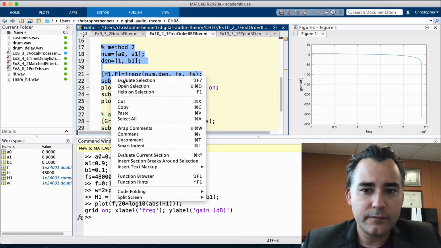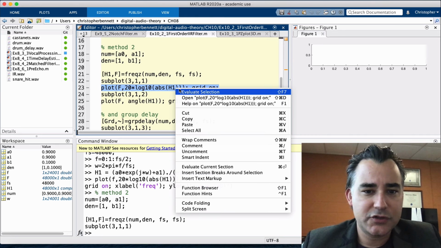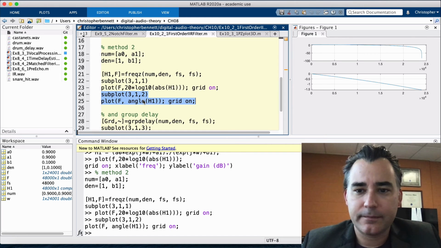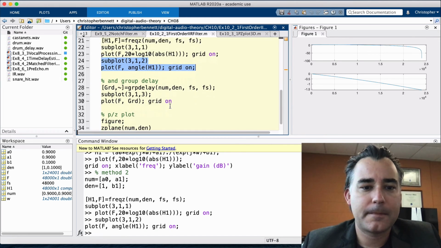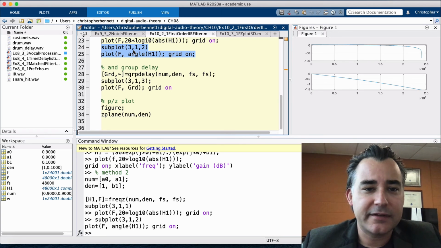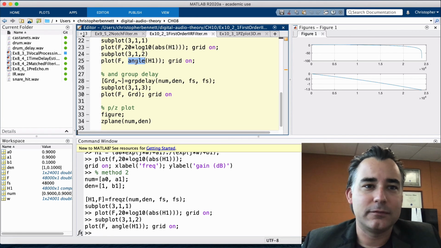Okay, so we're going to create a new subplot and show H1, so this is the one that's generated by MATLAB. And let's go ahead and show the phase as well. There's our phase. Now the phase is going to be given by, instead of the absolute value or the magnitude of H1, the angle.